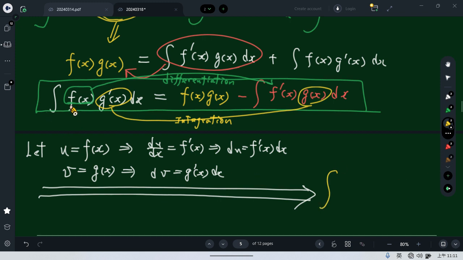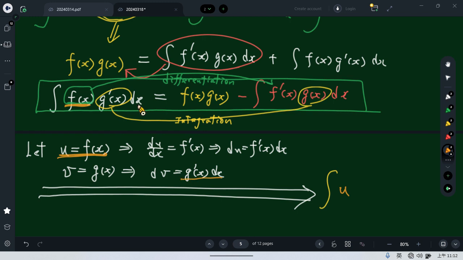Okay, f of x here, I will use u. Just go with me one by one. F of x here will be u. Then you can see g prime x dx here is dv, is equal to f of x times g of x.